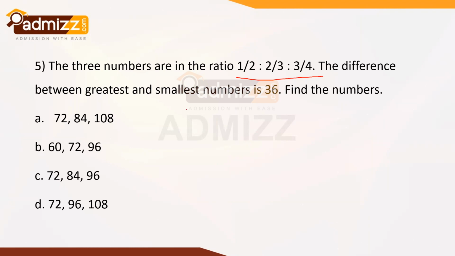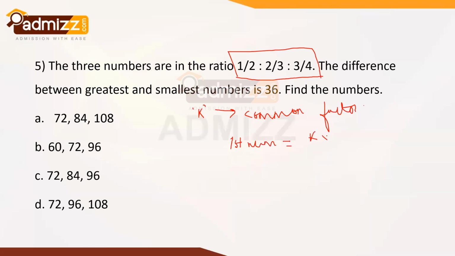In this case, if I assume that k is the common factor for these ratios, then I can write the first number is equal to k times 1/2, which is k by 2.